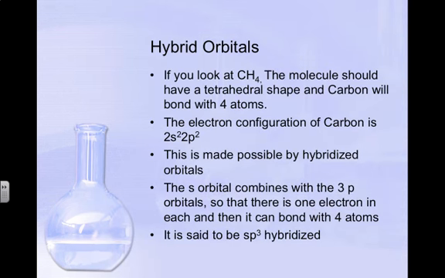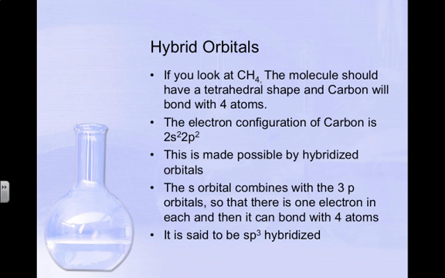So if we're looking at methane, CH4, the molecule is going to be a tetrahedral shape and it's going to bond with 4 atoms. So really it needs 4 spaces for electrons. And the electron configuration of carbon is 2s2 2p2. So when we bond the carbon with the 4 hydrogen atoms, those orbitals, the s and the p, actually come together and make something different to actually accommodate those electrons.